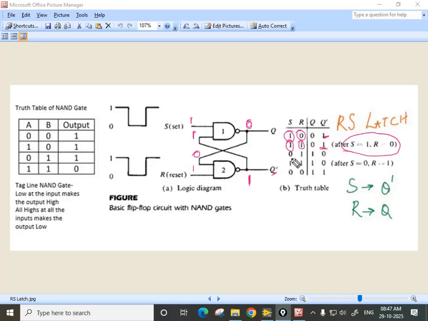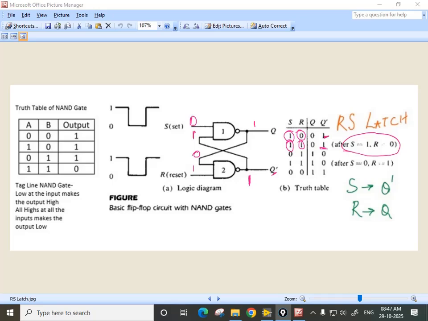Now S equal to 0, R equal to 1. When we have S equal to 0 and R equal to 1, anything 0 at the input makes the output high, so this becomes high and is fed back over here.